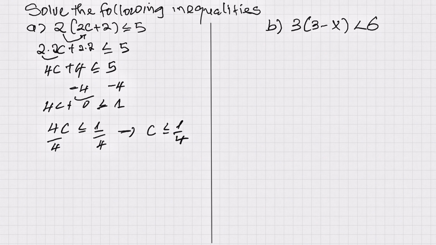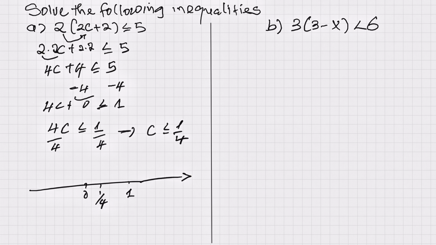If we want to represent this on a number line, if we have 0 over there, and 1 over here, and then maybe 1 over 4 over here.